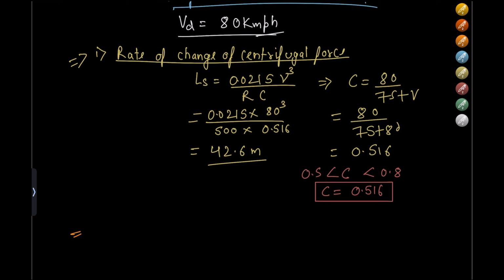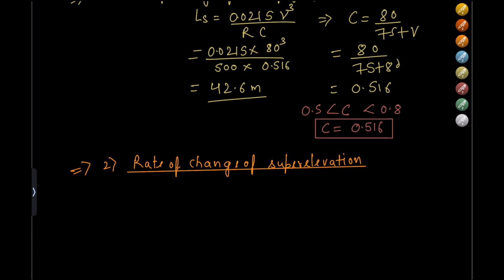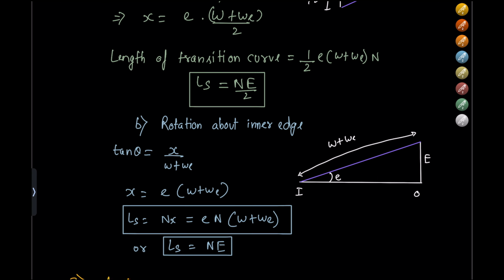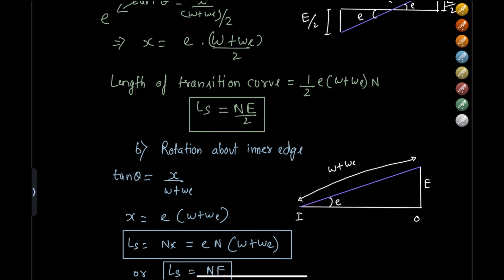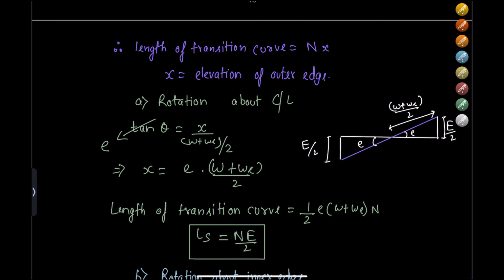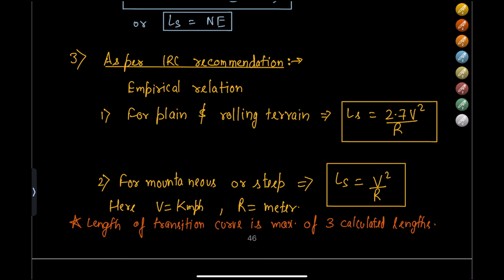Next we will use the formula for the change of super elevation criteria. Second is the rate of change of super elevation. For this, the formula is the same as provided earlier, which is Ls equal to N x E x W plus W, or it could be N x E x (W plus W), depending upon whether the rotation is done about the inner edge or along the center line of the road.